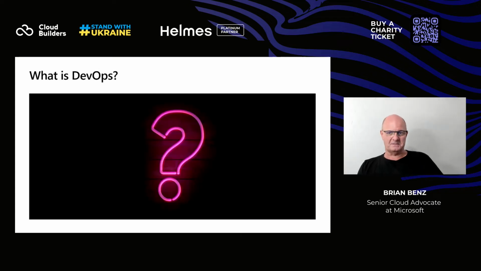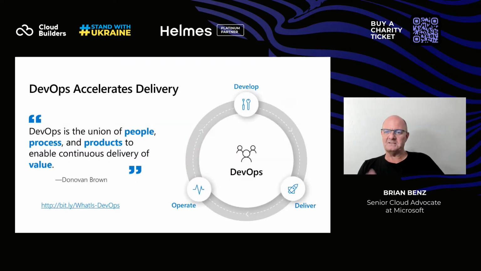So what is DevOps? We'll start with that so everyone's on the same page. This is a great quote from a colleague of mine, Donovan Brown, here at Microsoft. DevOps is the union of people, process, and products to enable continuous delivery of value. And what does that mean?